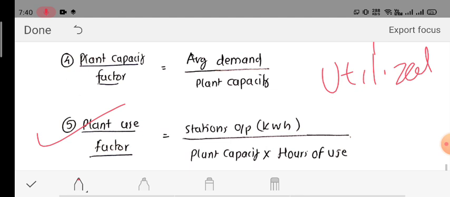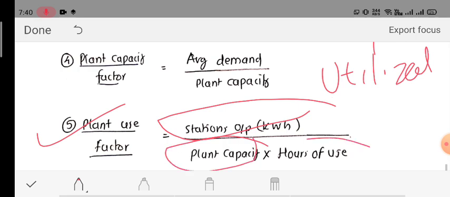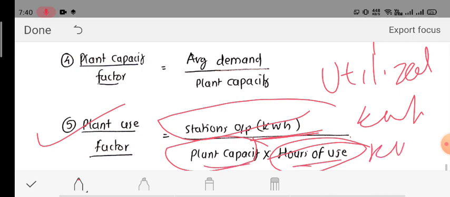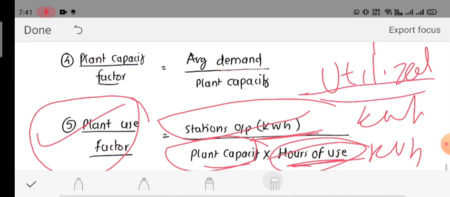It is the station's output divided by plant capacity multiplied by hours of use. The unit is kilowatt hour in the numerator, plant capacity in kilowatt, hours of use in hours. So the plant use factor tells exactly how much of the generated energy we are using. It is nothing but your plant use factor or utilization factor.